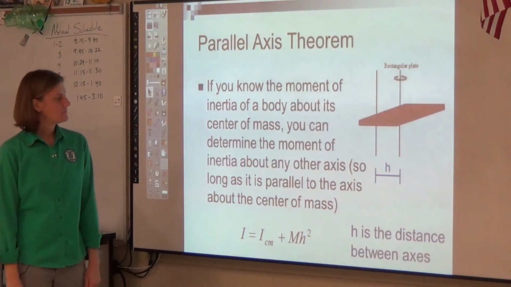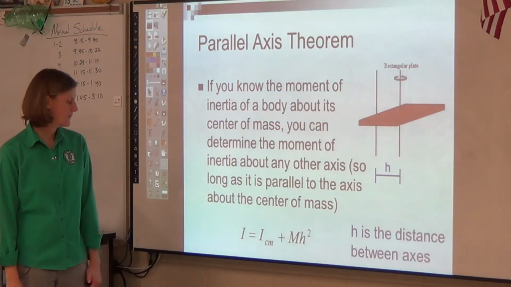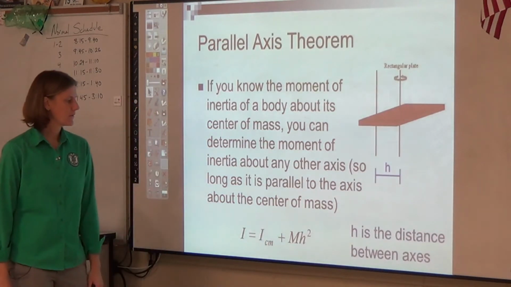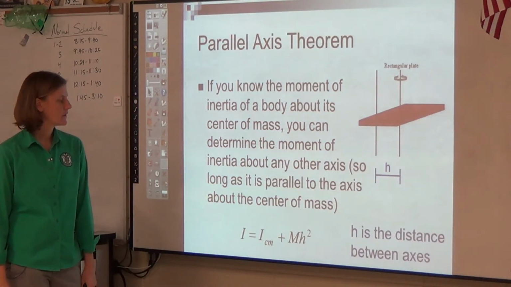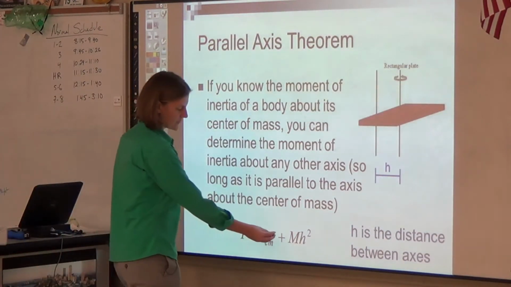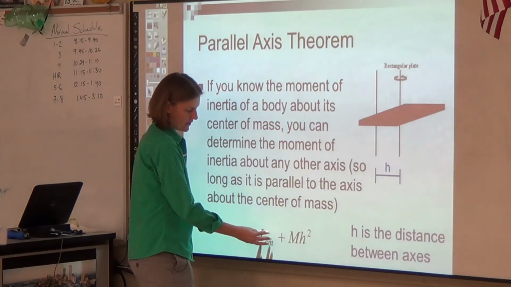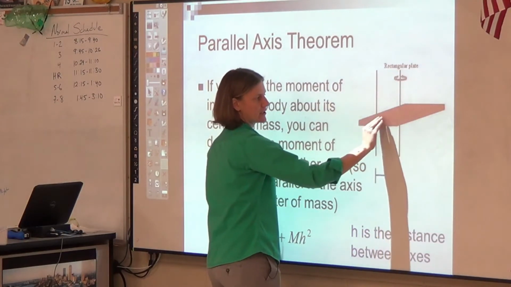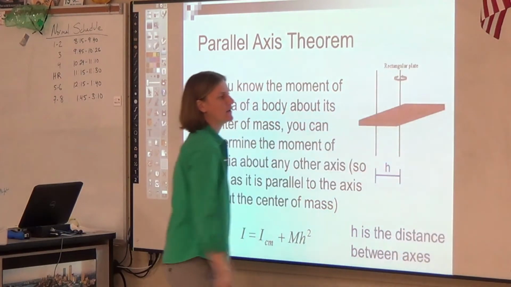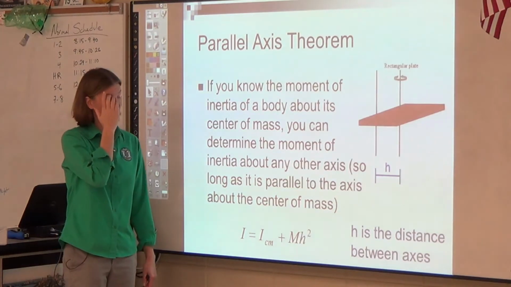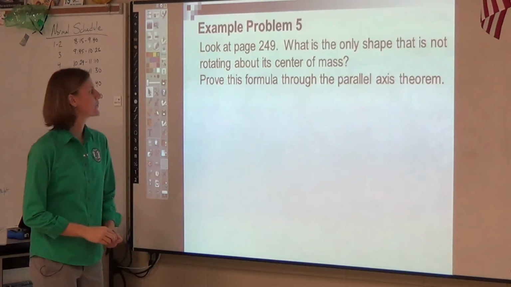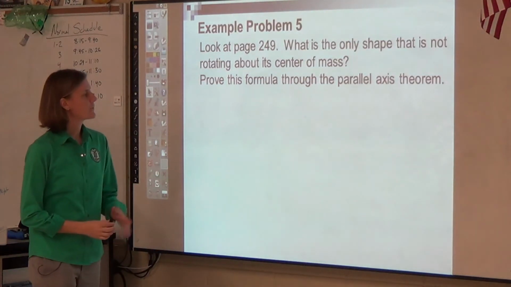This slab, for example, could be rotating about the center of mass with that axis drawn right in the middle, or it could be rotating about that axis off to the left, in which case you can easily come up with the moment of inertia there, and it should make sense that it's higher. It would have the same mass, same slab, but now all that mass is farther away from the rotational point. So since moment of inertia relates to radius, it's going to have a greater moment of inertia.